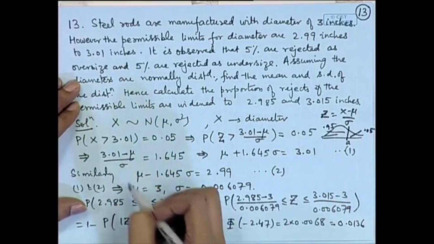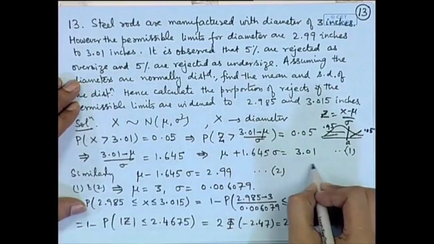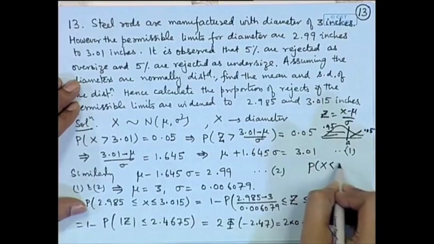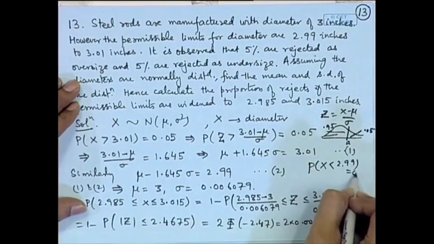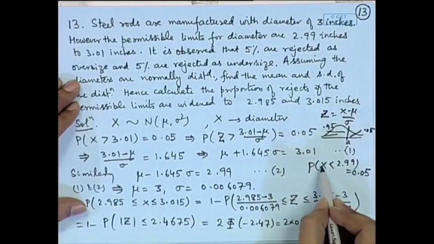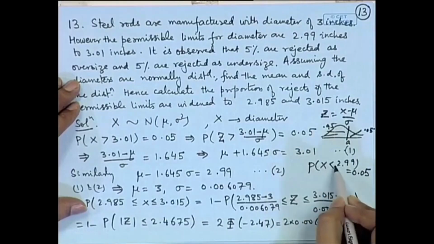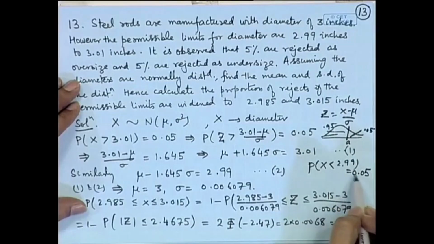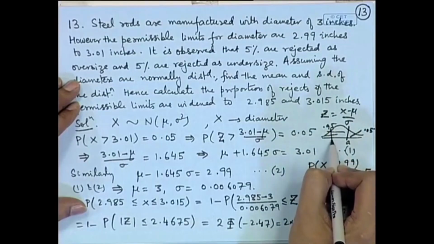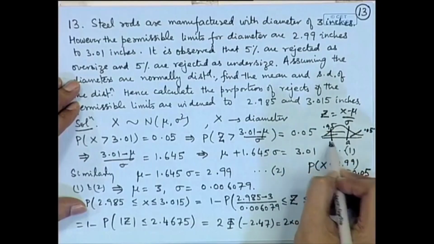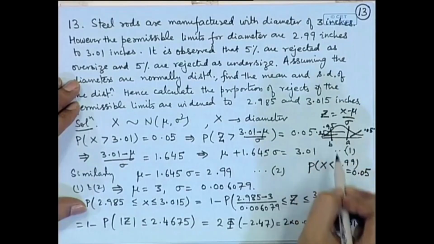In a similar way, if we consider the probability of x less than 2.99 equal to 0.05, then after transformation, the probability of z less than (2.99 minus mu) by sigma is 0.05. That means, what is the point, say b, such that this probability is 0.05.